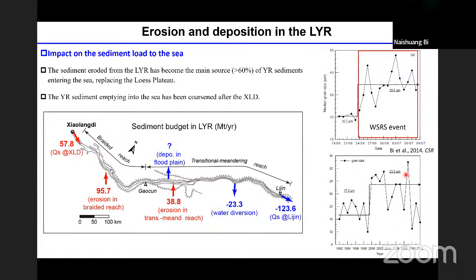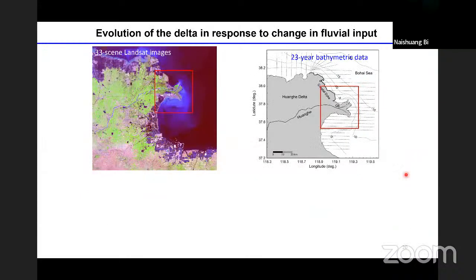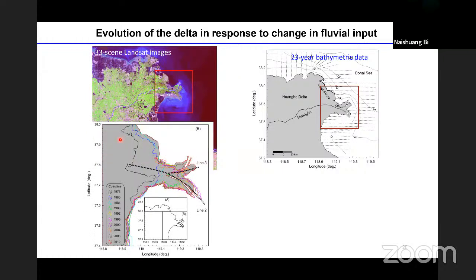So how does this change in sediment loads to the sea affect the evolution of the delta system? We use two types of data. One is remote sensing data. We extracted the shoreline based on 33 scenes of Landsat images to examine the evolution of the delta plain during 1976 to 2013.